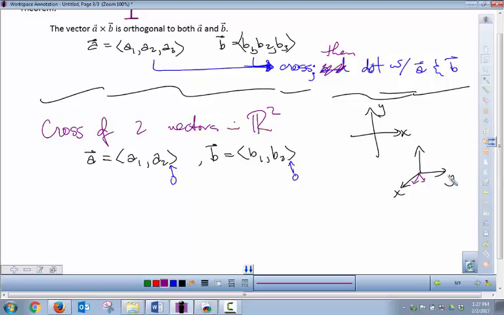So that we don't know. But if it's going in the direction of the z-axis, either going straight up or straight down, what can you say about that vector itself? It's perpendicular to both of them, but what about the vector itself?